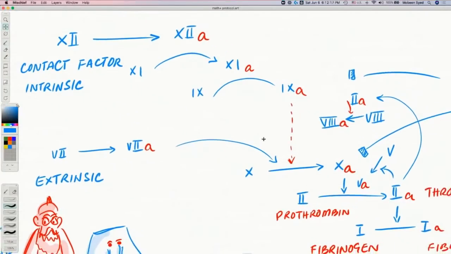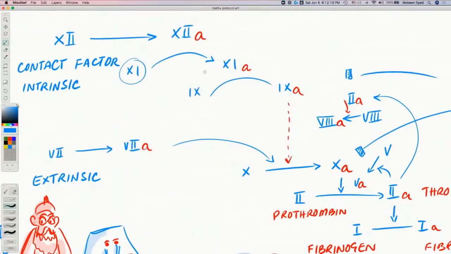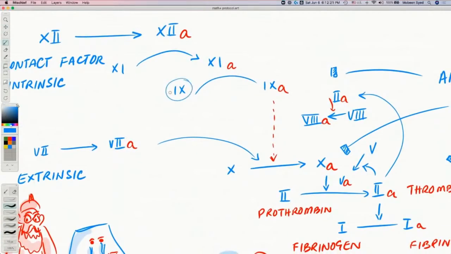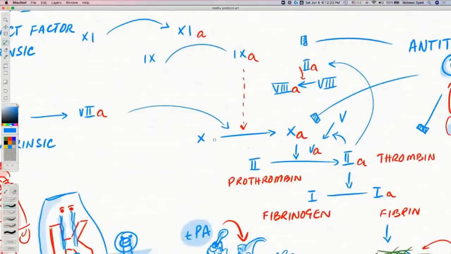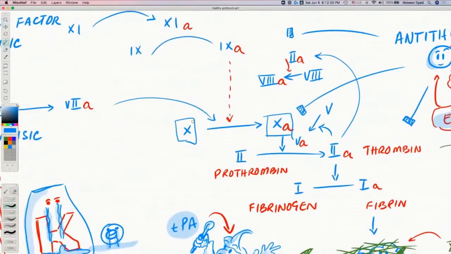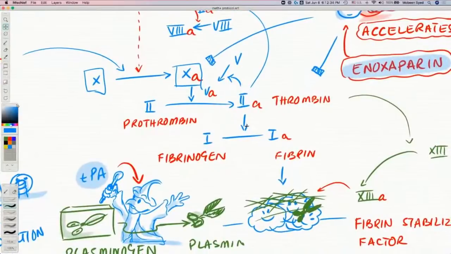We have done that discussion before. That then causes factor 11 to become active. That causes factor 9 to become active. Finally, all of the pathways usually end up activating factor 10. Once factor 10 becomes active, we then know that prothrombin will be converted to thrombin.